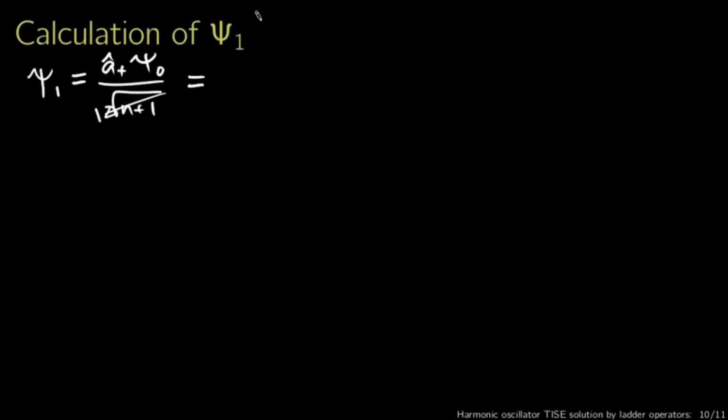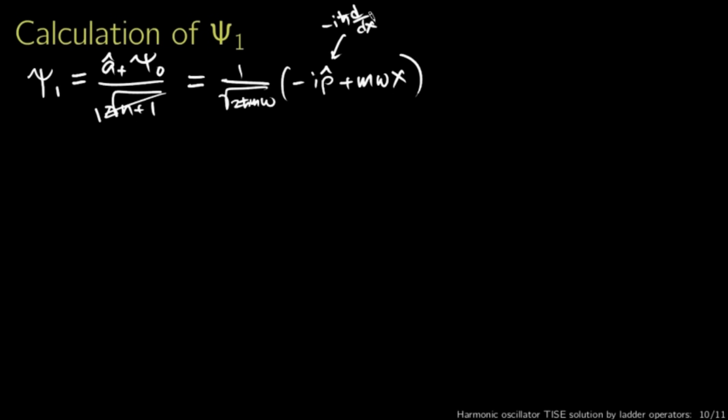If I substitute in the definition of the operator A plus, that's 1 over the square root of 2 h bar m omega, times minus i p hat plus m omega x, where p hat now is minus i h bar d by dx. This is my raising operator.